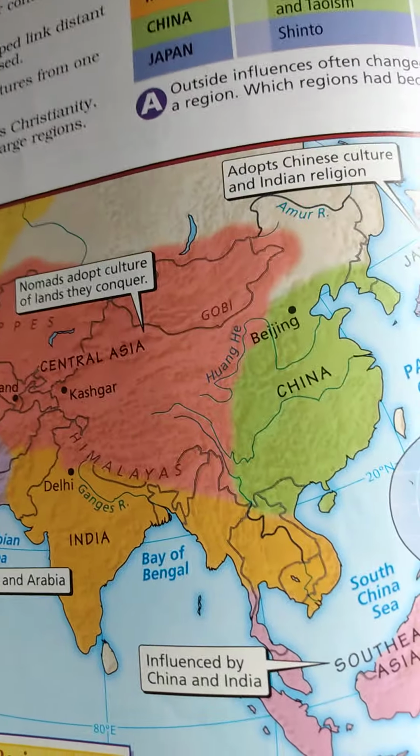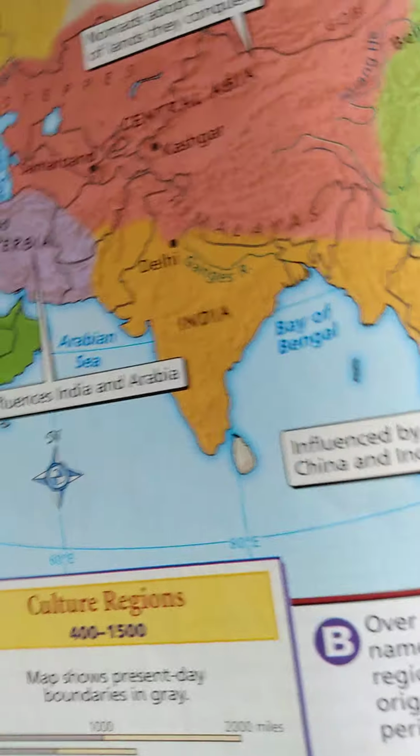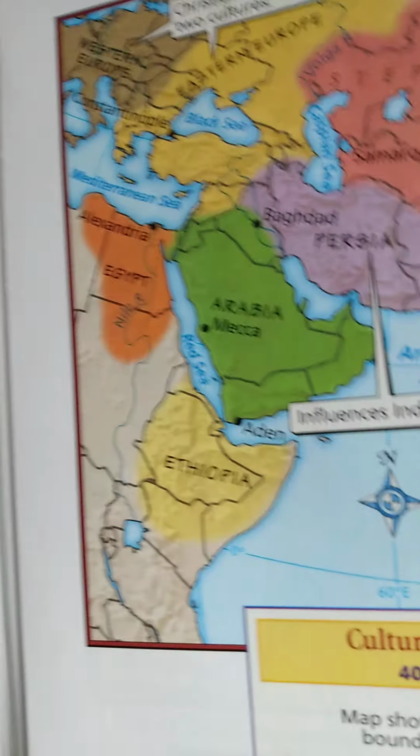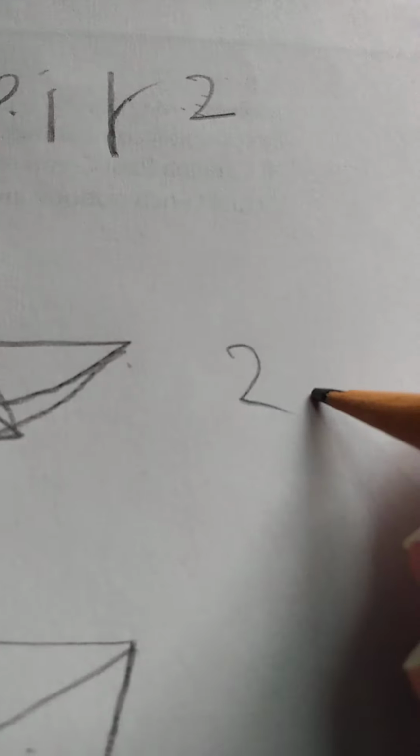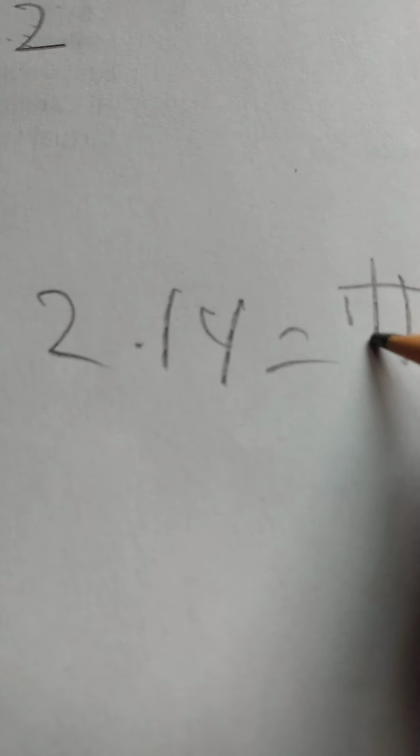The Chinese actually did it after, including the Indians. Africa was actually one of the first to figure it out, like the Egyptians. The Egyptians predicted that 2.14 equals pi. But actually it's not. The Babylonians actually figured out it was 1.14 equals pi.